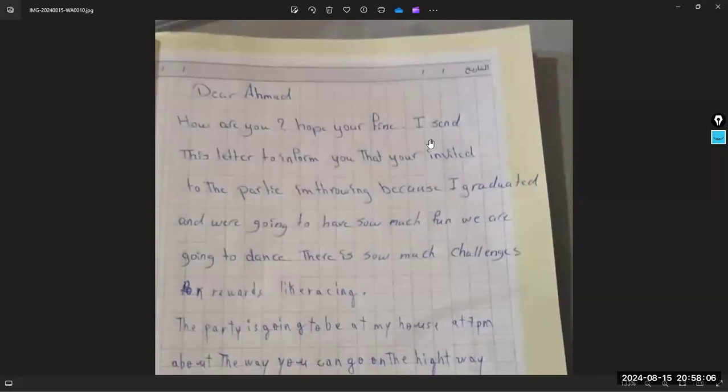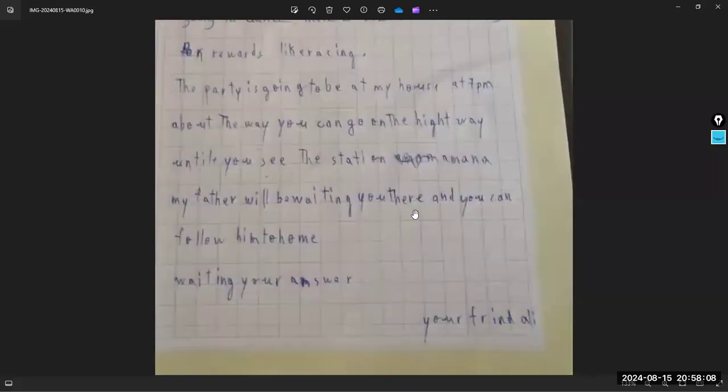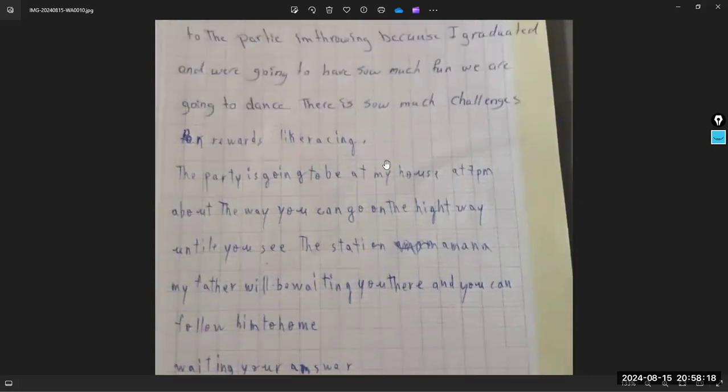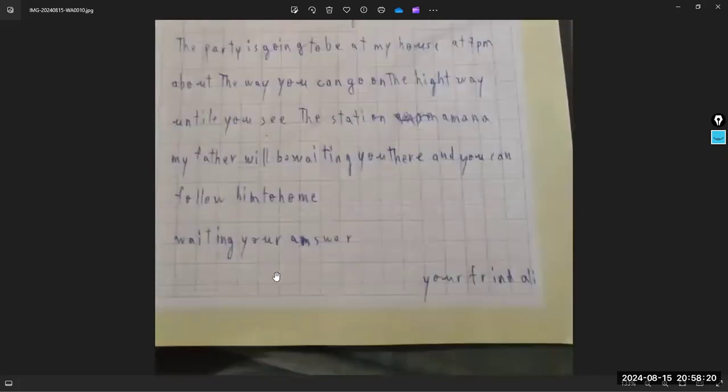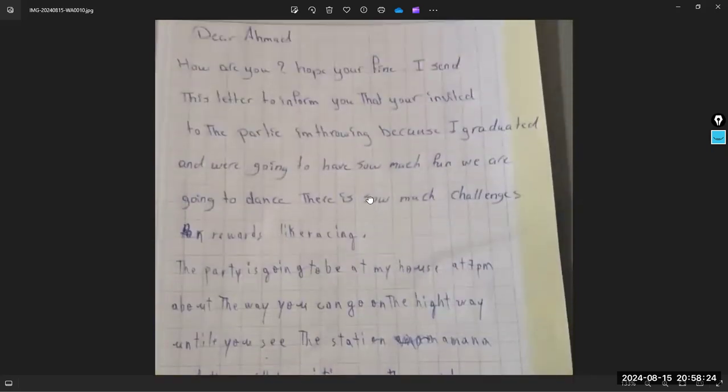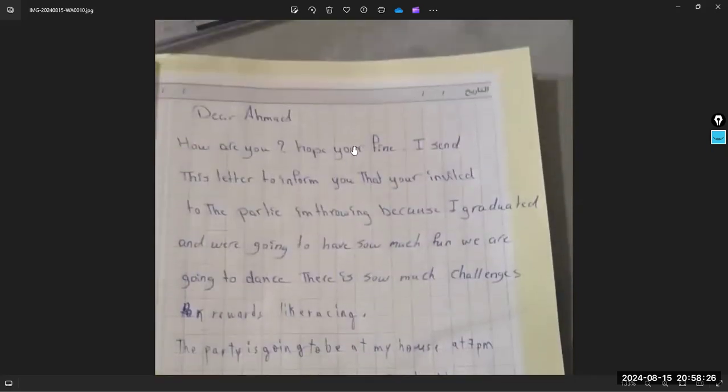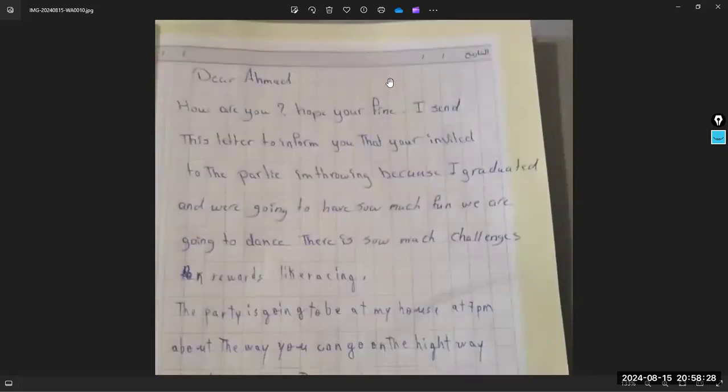Ibrahim is coming. Now this letter is for Ali. Your name isn't mentioned? Please, guys, you have to write your name at the end of the page, because I want to know whether this letter is for you or for someone else.